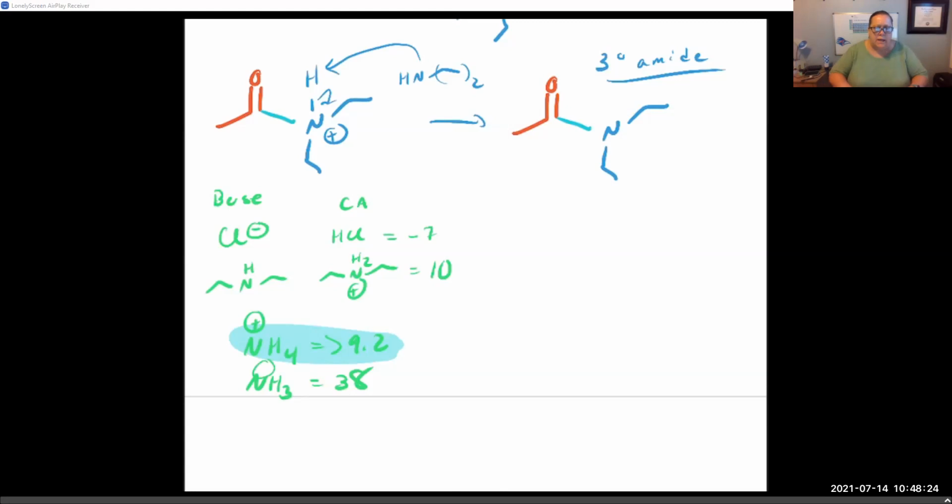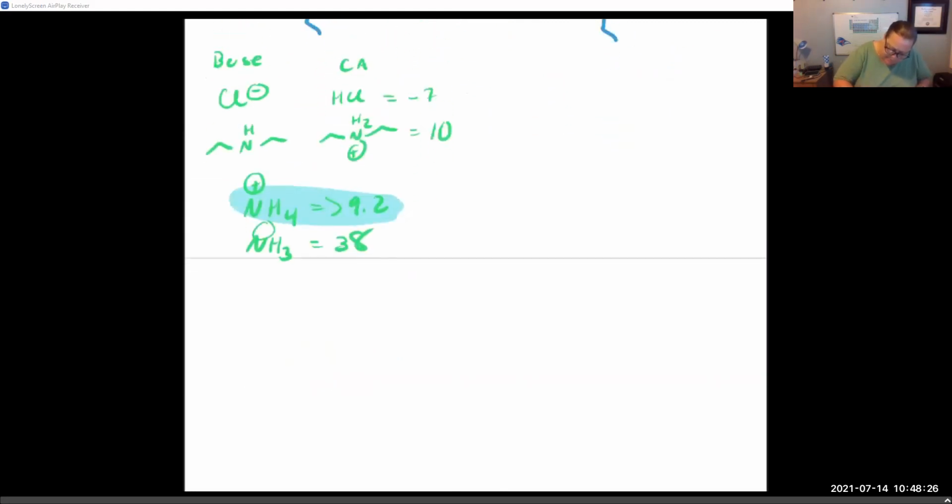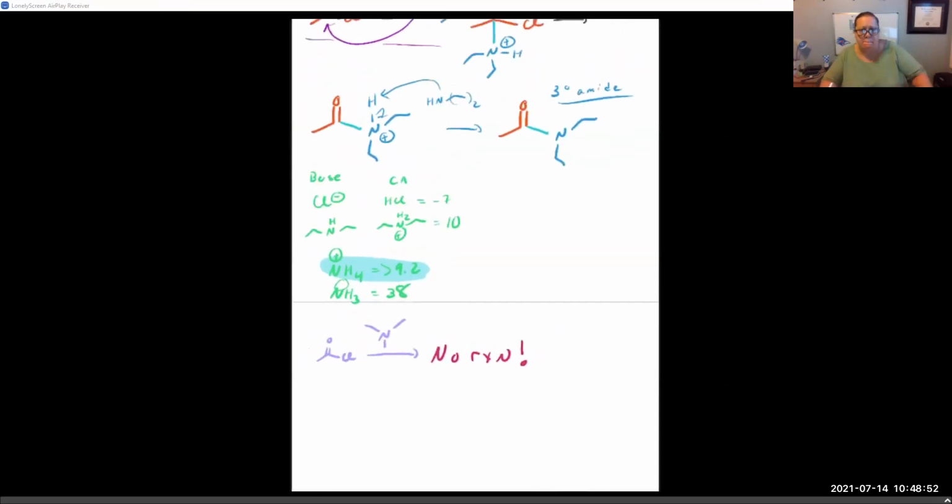anyways, so why, if I were to do this, right? Let's try methylamine. I would get no reaction. Why? Why would I get no reaction for this particular scenario?